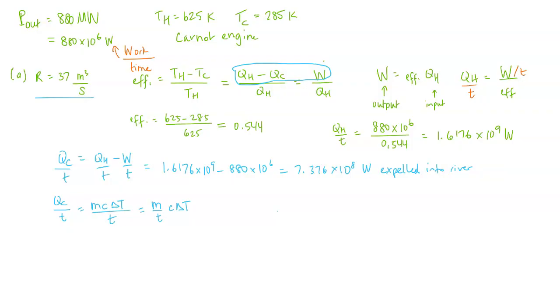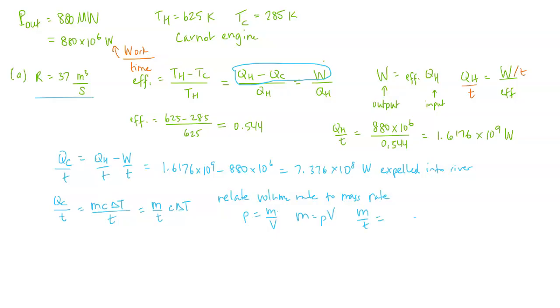Clearly, we have to relate our volume rate of flow to mass rate of flow. You might remember that density equals mass divided by volume, so mass will be equal to density times volume.